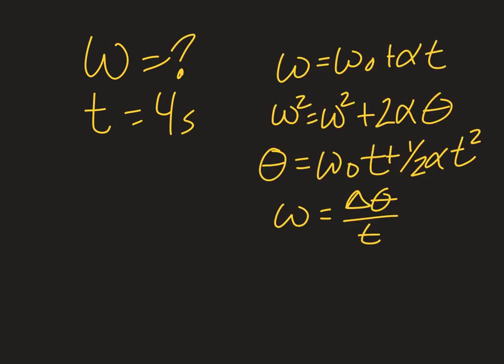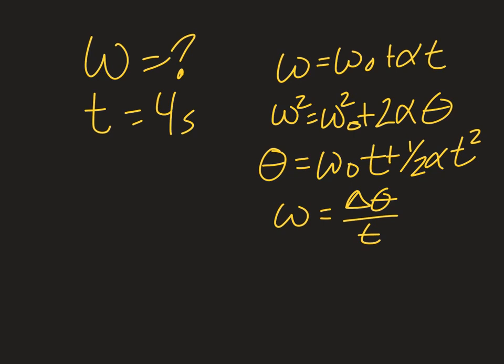Next, we are asked to determine the angular velocity of the globe after a 4-second interval. So again, I need to refer to my equations and see what my possible choices are for determining my angular velocity. I find that these are the equations that have omega final in them.